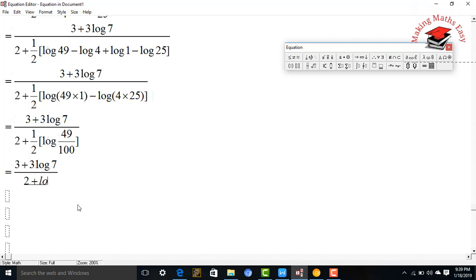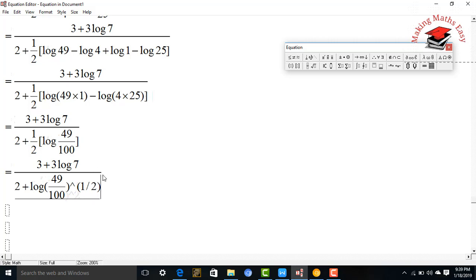So it will become log of 49 divided by 100 raised to 1 by 2. In this case 1 by 2 represents the square root.